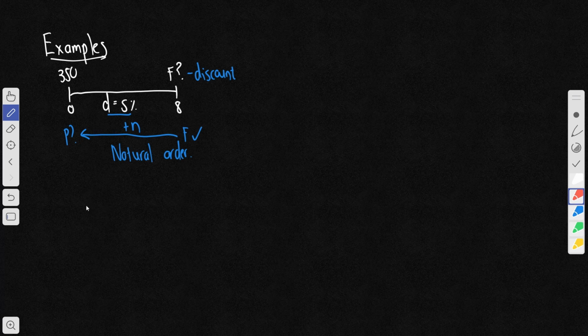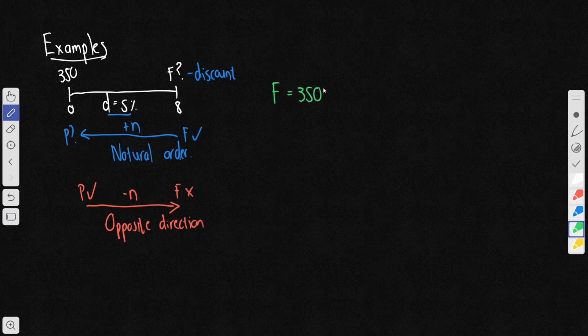Now, this particular question is asking us to go in the opposite direction. A present value is given and a future value is required. So the sign of the exponent needs to change. Once you know this, it's pretty easy to work out the values. Future value equals 350, which is the present value.